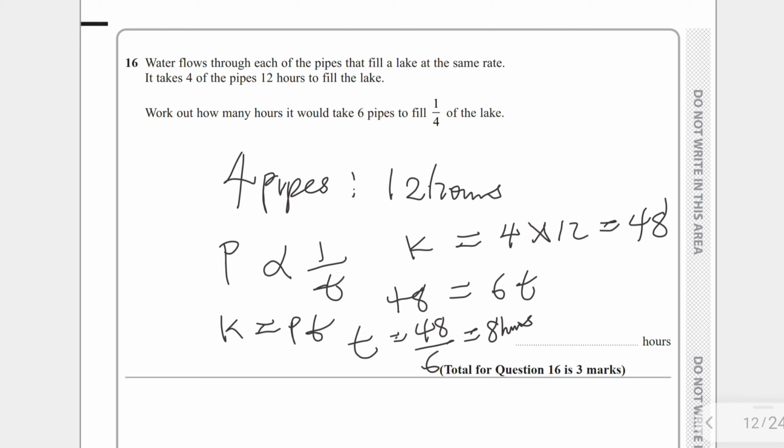So if it takes 6 pipes 8 hours to fill the whole lake, then 1/4 of the lake is going to be 8 hours divided by 4, my bad. So that will be 2 hours. So the answer is 2 hours.